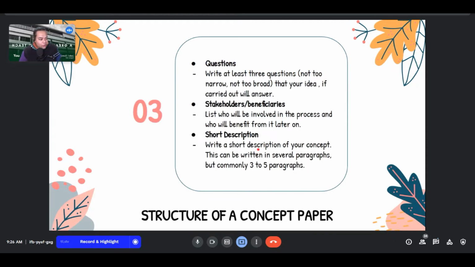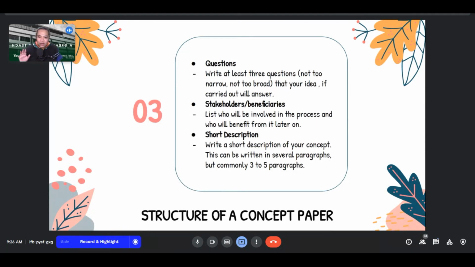Now, with those notes to be kept in mind, remember that when you're writing the objectives, you have to, at one point, phrase them into questions. So, yun nga, wag masyadong broad at wag masyadong narrow. Okay? Wag masyadong specific at wag masyadong general.